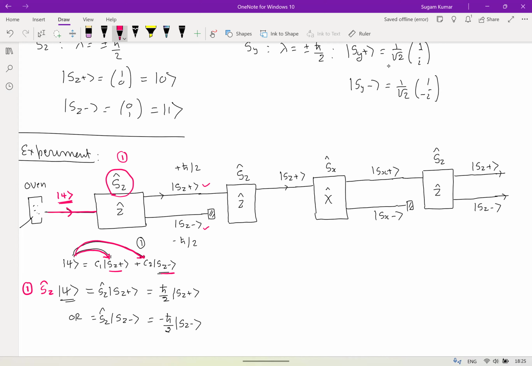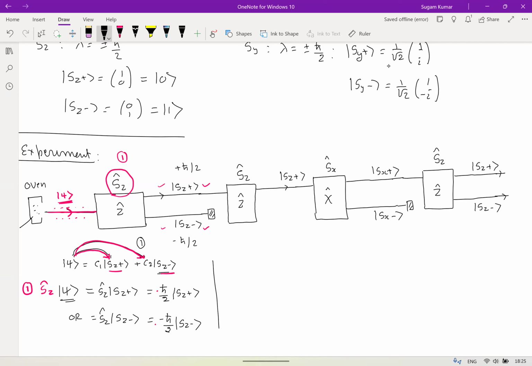But since a large number of particles are coming, and you do a large number of measurements, because this measurement is going on all the time continuously, you will get half of the particles in this state, and the other particles will go in this state. So this is how you get these two beams.